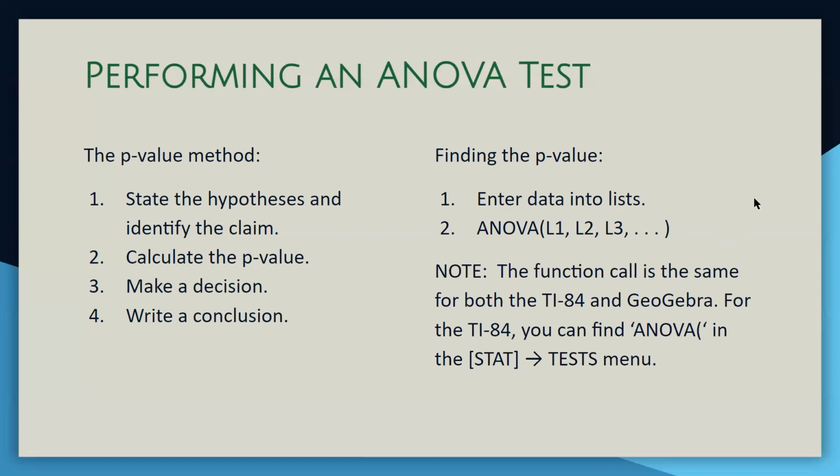This is the one function call we're using that is exactly the same for TI-84 and GeoGebra. For the TI-84, you have to go to the stats test menu, and ANOVA should be the very last test at the very bottom. For GeoGebra, you just type ANOVA and then the parentheses and then your list names. So probably the least complicated of the p-value calculations we're doing, which is nice.